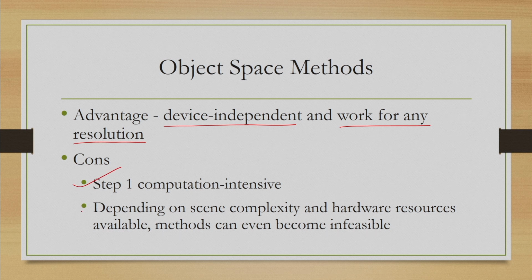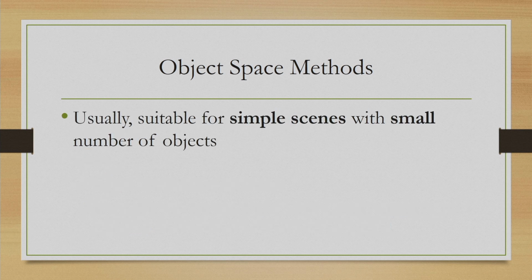Secondly, depending on the complexity of the scene and also the resources that are available, these methods can even become infeasible because they are computation intensive, and if the resources are not sufficient, then we may not be able to implement them at all. Usually such methods are suitable for simple scenes with a small number of objects. So, object space methods are best applicable when the scene is simple and has a small number of objects.